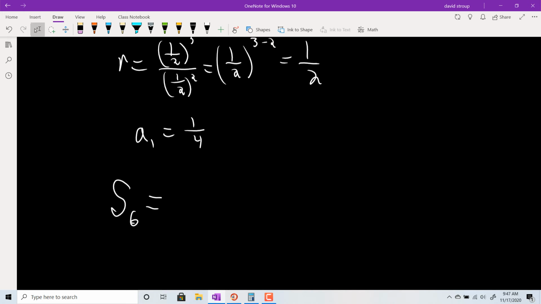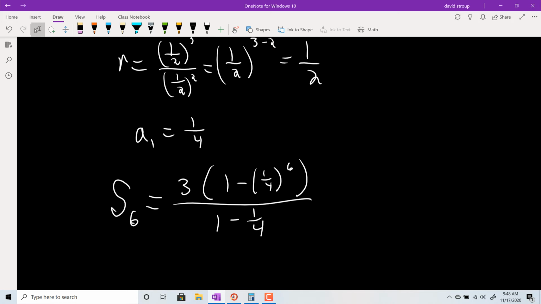S sub 6 will be a sub 1, which was 3, times 1 minus 1/4 to the 6th power, all over 1 minus 1/4. Sorry, our r value is 1/2. I was using the a value. So these are both 1/2.